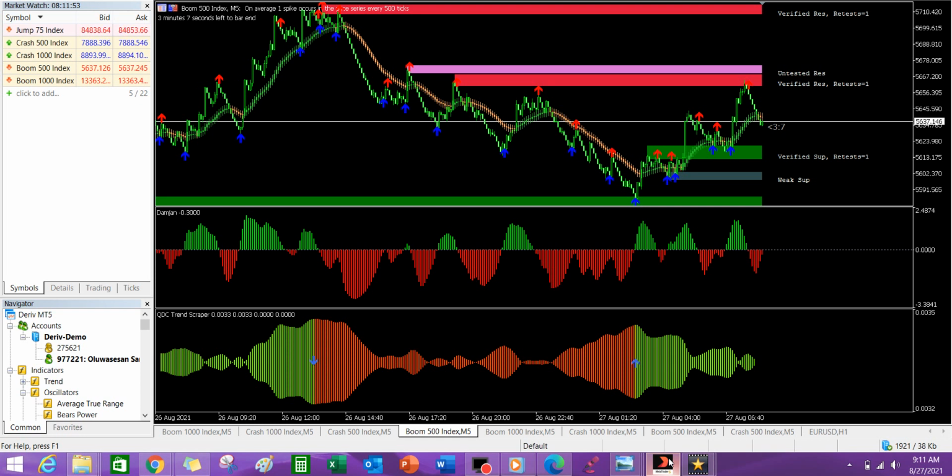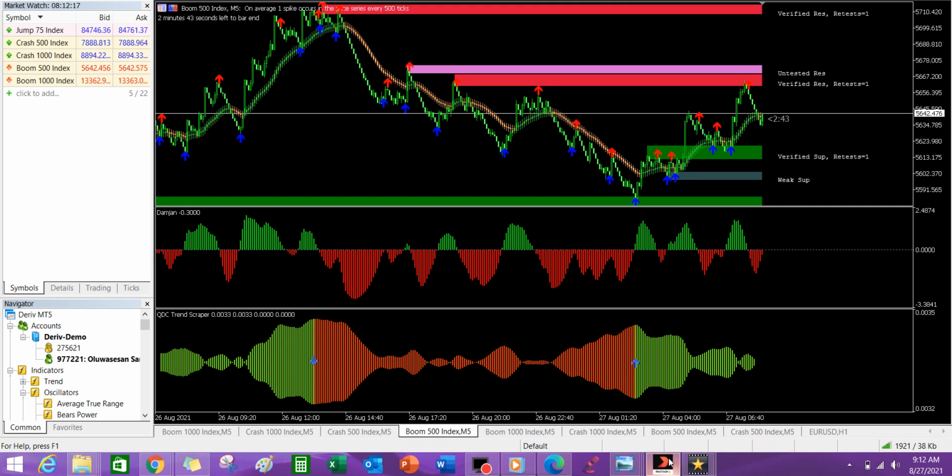But in case you don't know how to do your technical analysis, custom made indicators can also help you achieve this easily. The one I'm using on my system is called the QDC Scalper Trading Indicator. It helps me to know the trend and also the support and resistance levels, and then definitely the entry point and exit point.